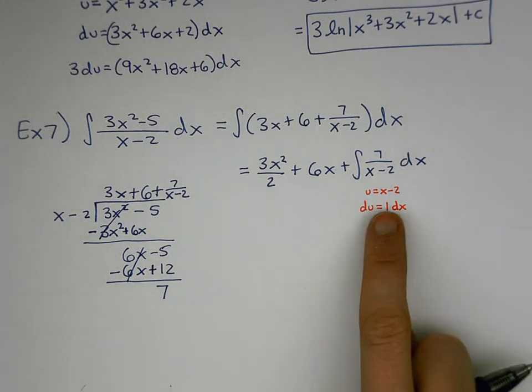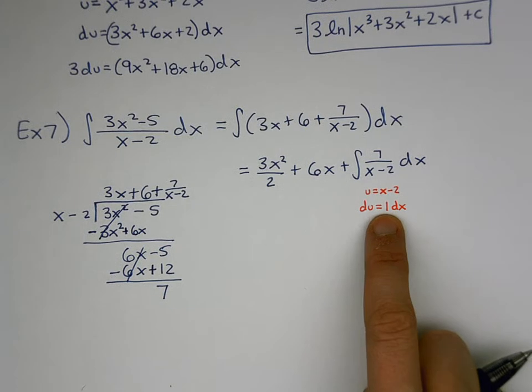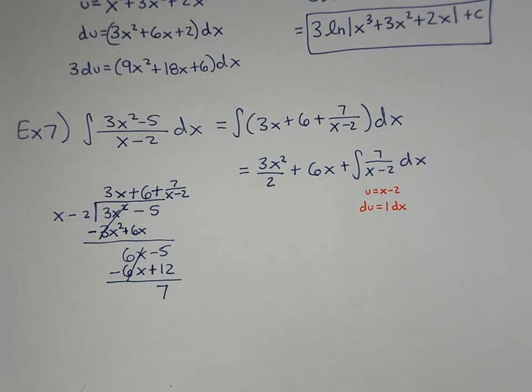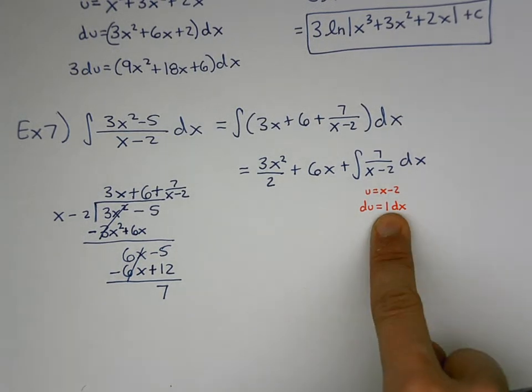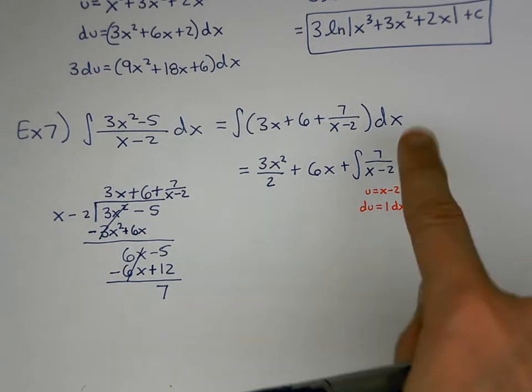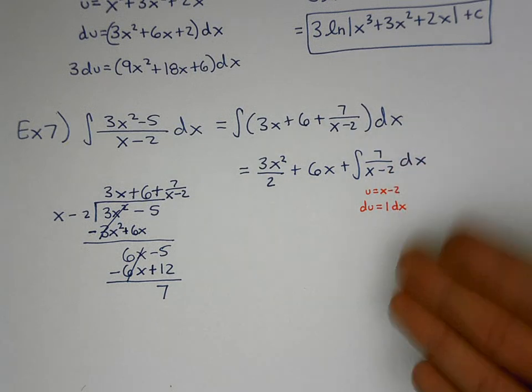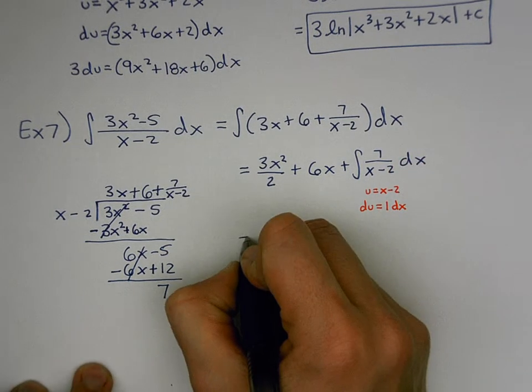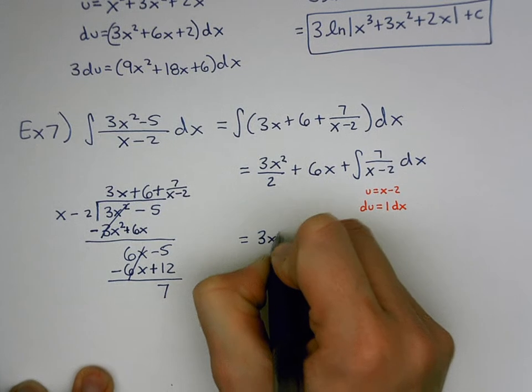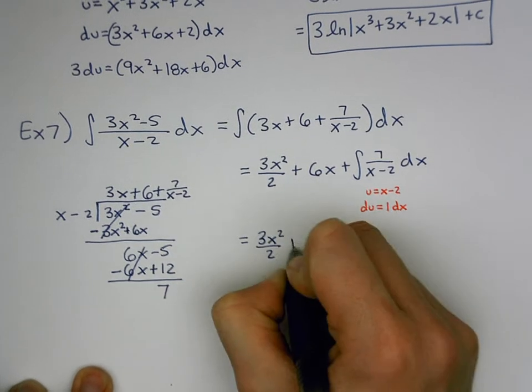My du ends up being 1. Well, 1 has no impact on this particular integral. If this was a 3 or a 5, that might potentially change my integral, but 1 doesn't. And so I could potentially just skip this u/du step. I am going to show it, though, just for those who need that consistency.